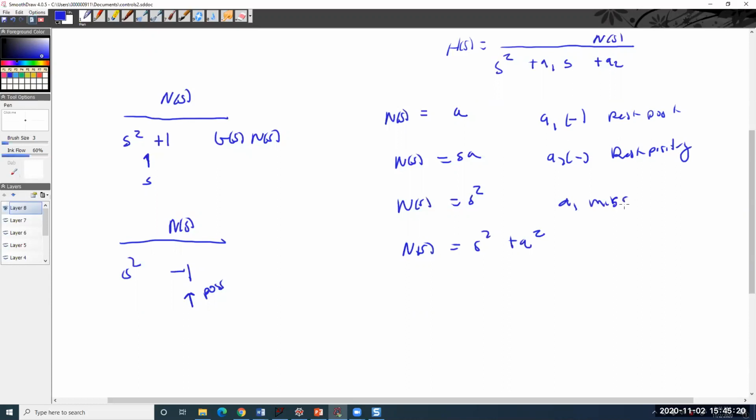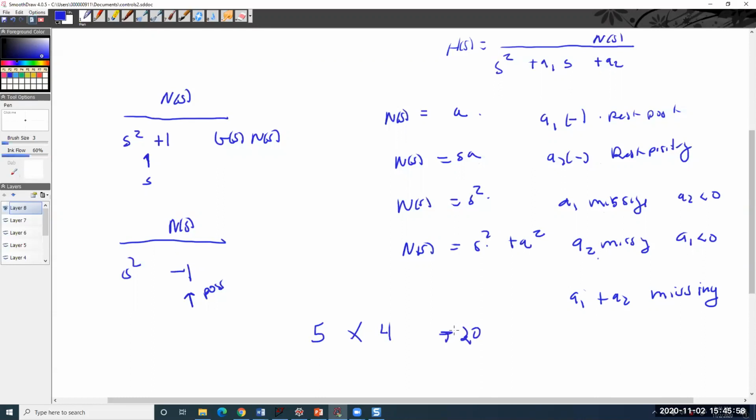A1 missing, A2 less than 0. A2 missing, A1 less than 0. A1 and A2 missing. So that's 1, 2, 3, 4, 5 combinations, for 4 possible numerators. So that's 20 possible combinations just for a second order circuit.